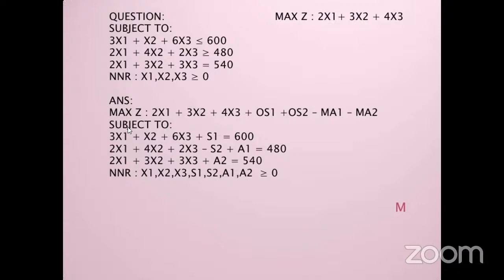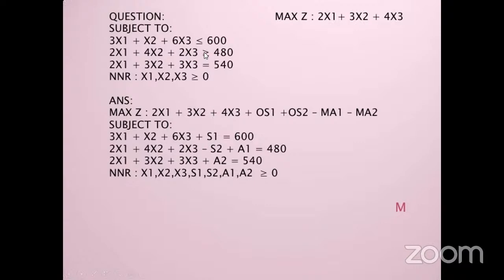So what we are doing: we are converting the first constraint, 3x1 plus x2 plus 6x3 plus S1, where S1 is the slack variable we are adding, equals 600. So the inequality is converted into equality. If it is a less than or equal to equation, we need to add a slack variable.